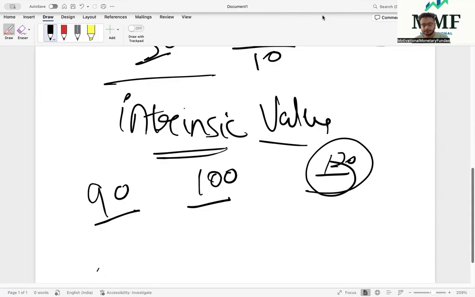Okay. Yes, sir. From the buying point of view, if the price is less than what we calculate, then it's good. We can get the share at a lower price. But from a company's point of view, if, for example, we have calculated that the value will be 100, but in the market it's trading for 120, then it's good for the company na, that its share is going at a higher price.